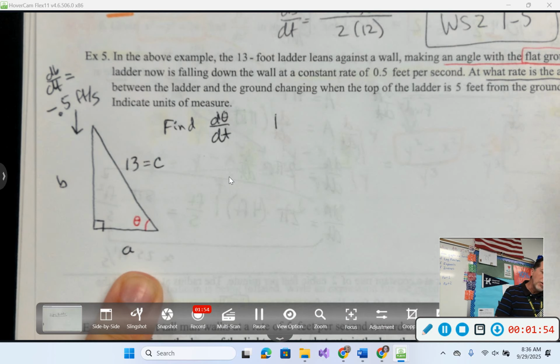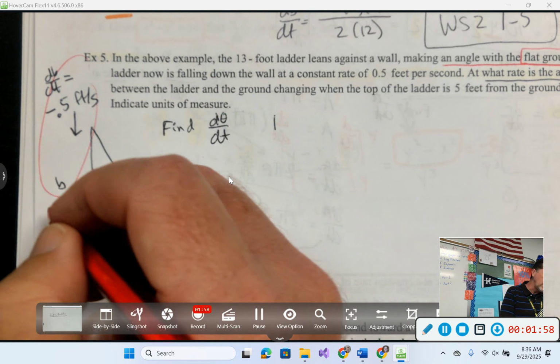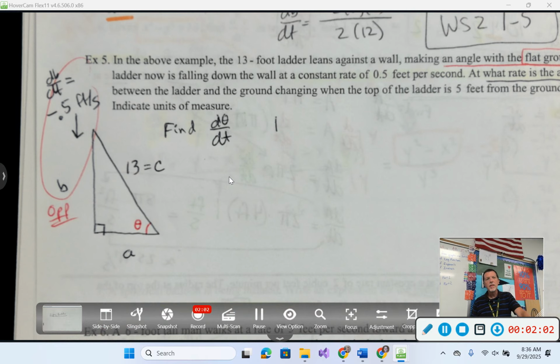Let's think about which sides we would like to use. We have dB dt, so we almost certainly want to use the opposite side. And then I need to use either the adjacent side or the hypotenuse. Do you know which one is going to be easier for this problem? One of them is a whole lot easier than the other one.